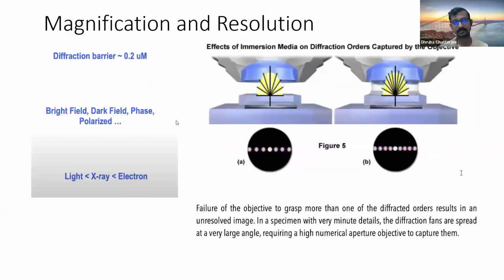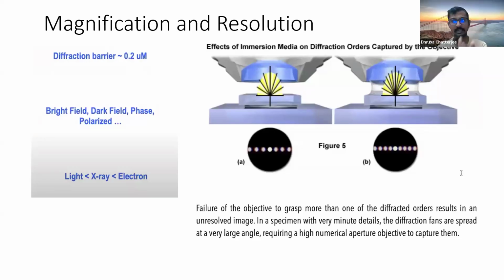So as it is mentioned here, there's a diffraction barrier. If you are operating at maximum capability, for example, using a 100x objective, using oil as the refractive index medium, operating at your maximum numerical aperture and at a certain wavelength, then even at maximum capability you will get a theoretical distance which is less than 0.2 micron.